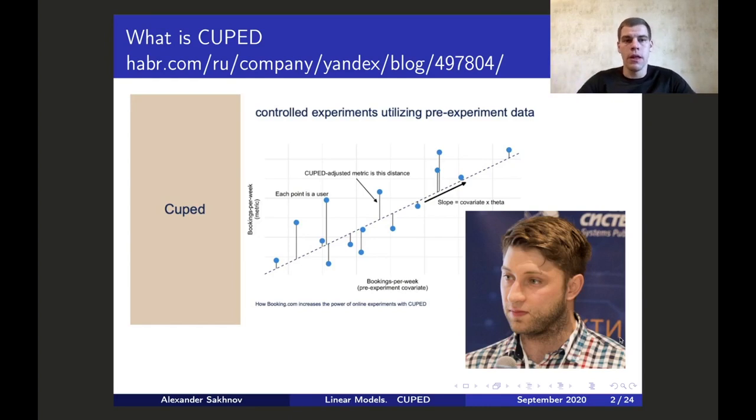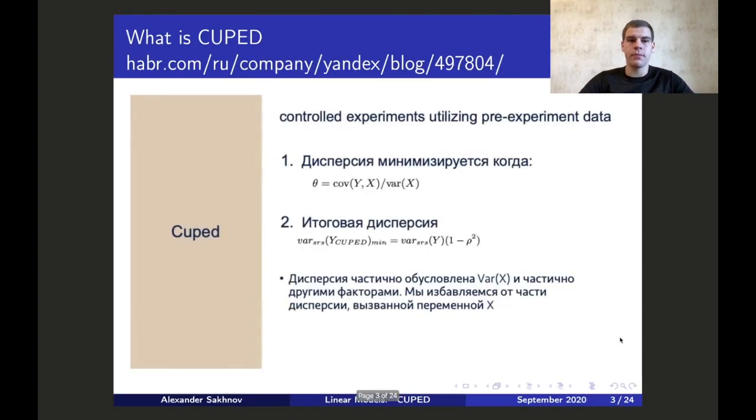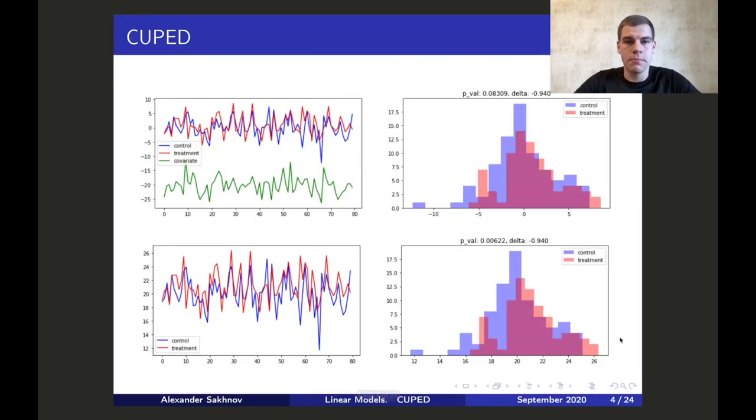For example, this method is described by Valery Babushkin. So in short, CUPED is a variance reduction method that can help you do your A/B testing faster or more accurately. So let's consider an example.